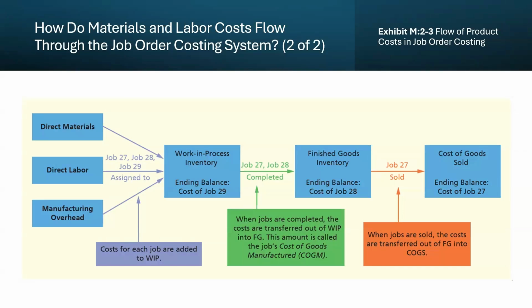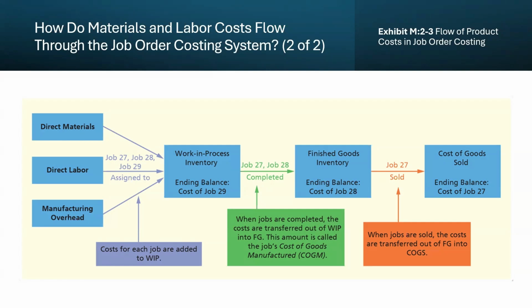So in a job order costing system, companies need to accumulate and assign costs to each job. Now, costs are accumulated when the company purchases raw materials, they incur direct labor, and they also incur manufacturing overhead.